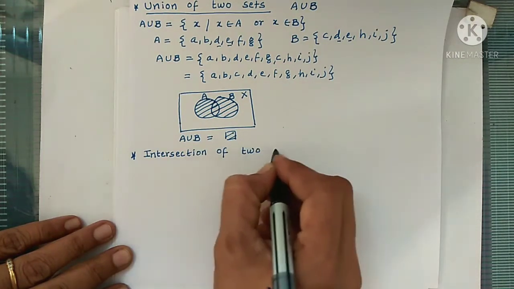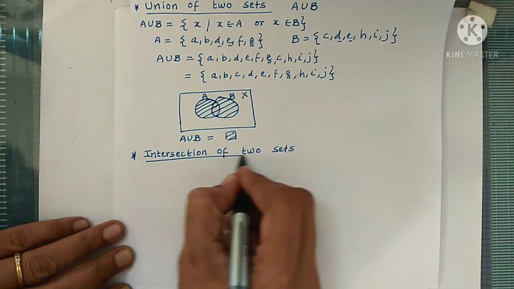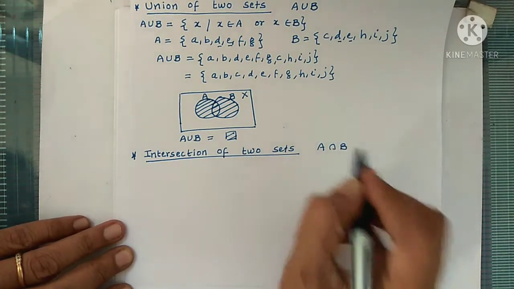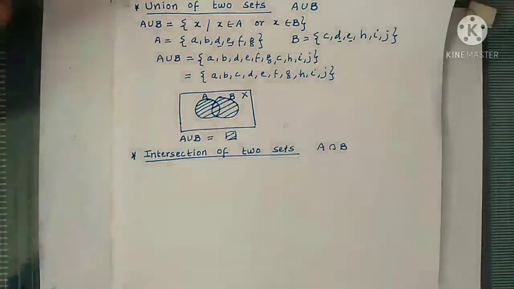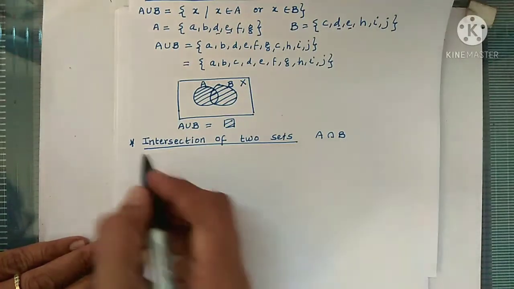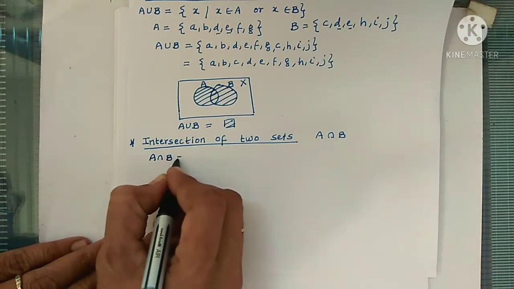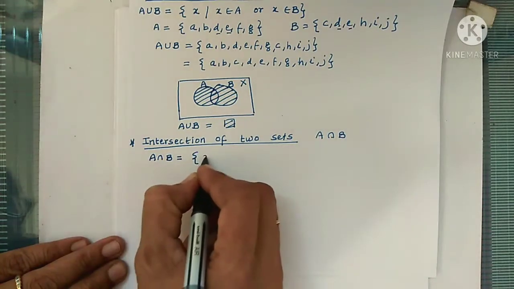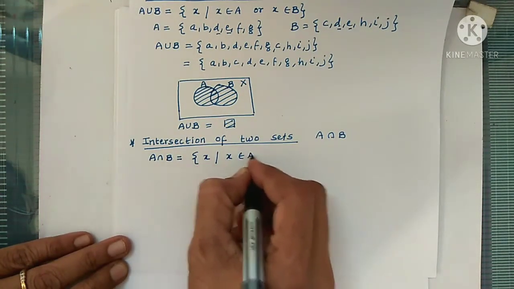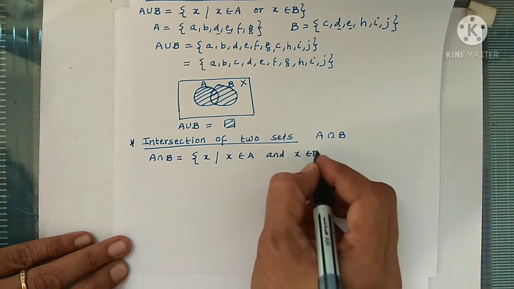Now if A and B are two sets, then their intersection is denoted by this symbol, inverted U. So we read it as A intersection B. First of all, let's write the definition. A intersection B is all elements X such that X belongs to A and X belongs to B.